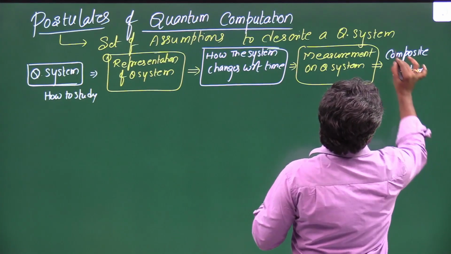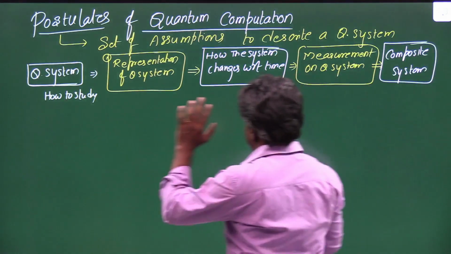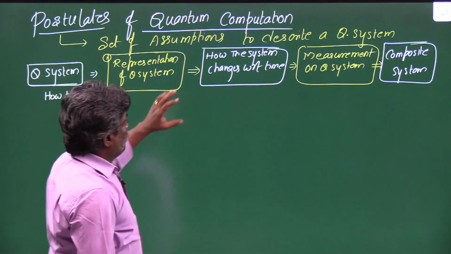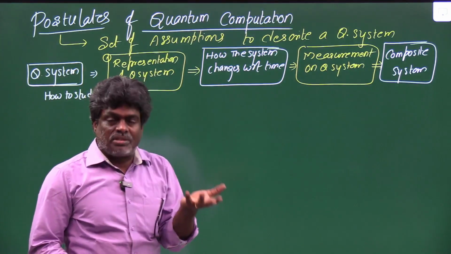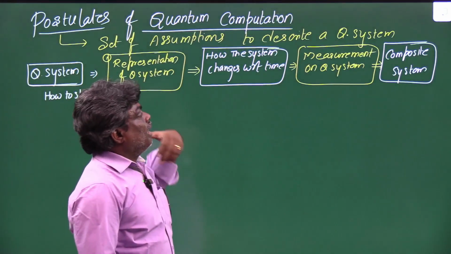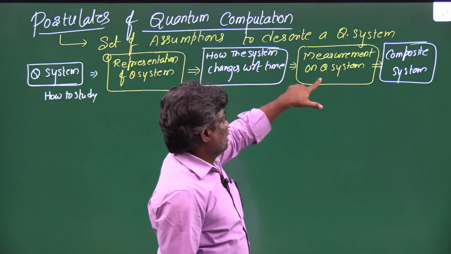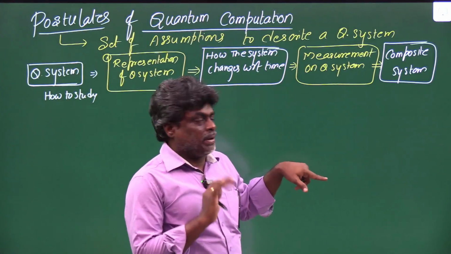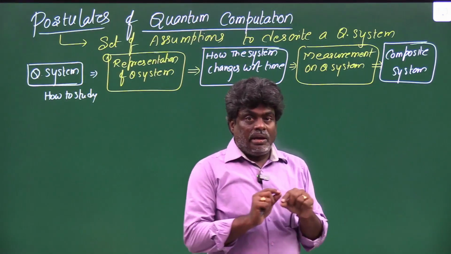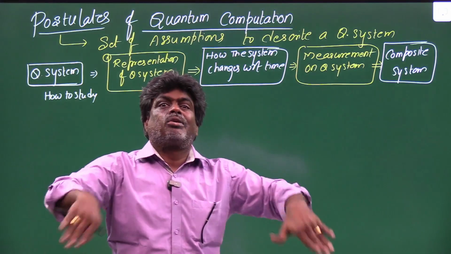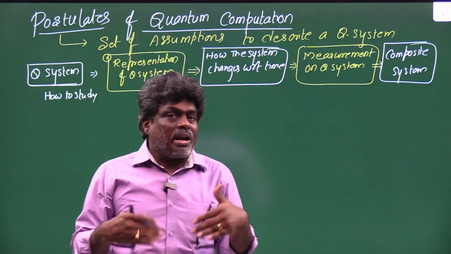I hope you understand. First we take one system and represent it, and we check how it is changing with respect to time, and after that we go for the measurement, because here also we will measure how it changes with respect to time. After that, okay, I don't have just one system, I have many systems because n electrons are there. I won't write for n electrons at a time.